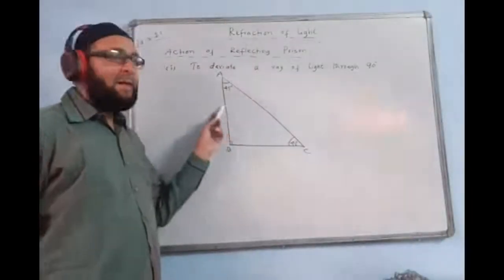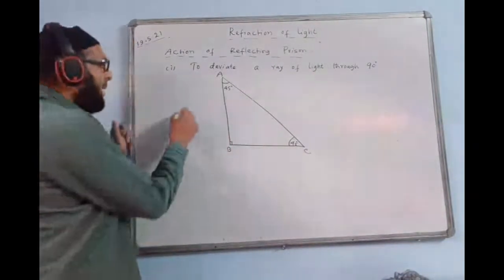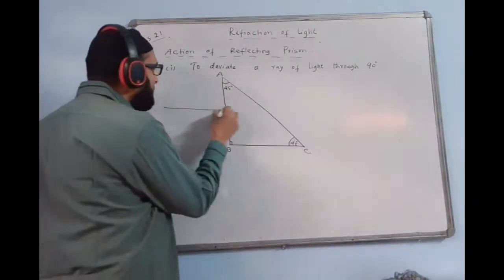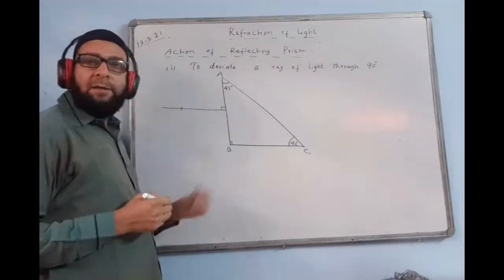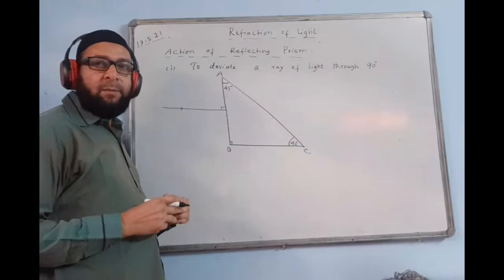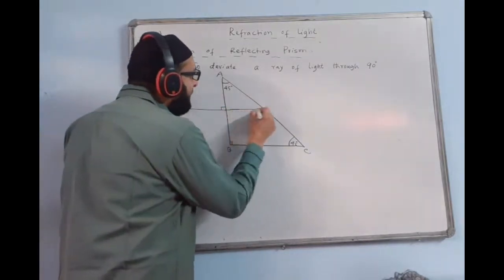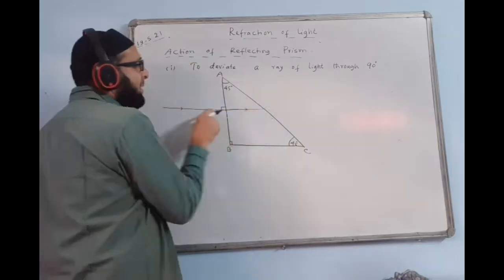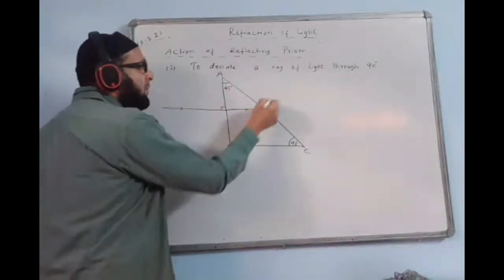Okay, let us check this one. I draw the ray like this, 90 degree here. Just now we completed the diagram, if you remember. The first ray will go straight without bending because it is normally incident here. Here I draw another normal.